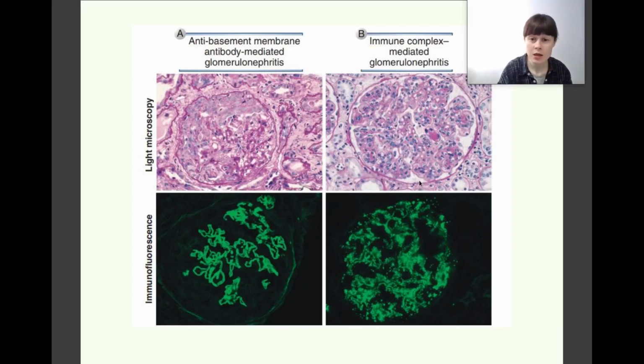And here the electron micrograph shows granular, not linear, deposits of antigen-antibody complexes along the basement membrane. This is the differentiation, and based on this you can go to the symptoms.